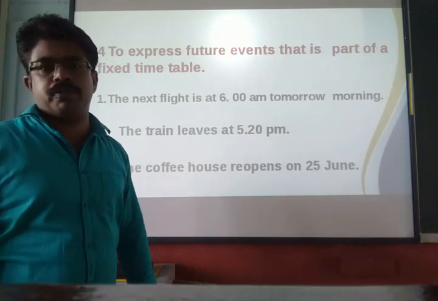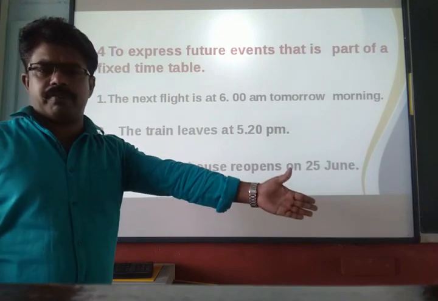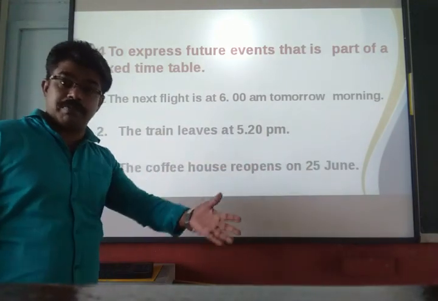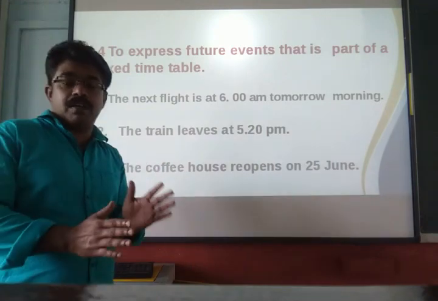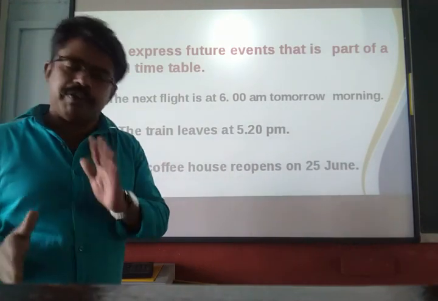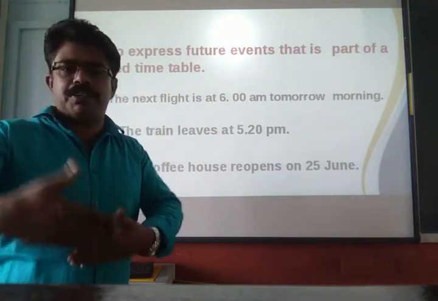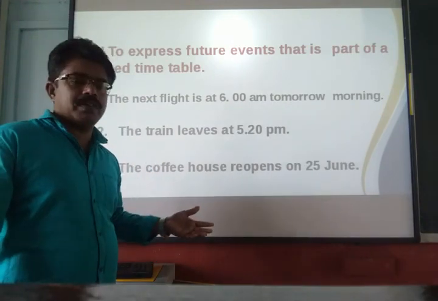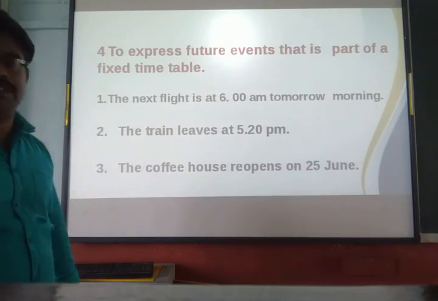Maybe in the evening, or next morning, next week, or even after maybe 1 or 2 months. But it is already fixed to take place in the near future. We know that it is going to happen. It is part of our timetable. It's already set. Therefore, we use simple present tense.